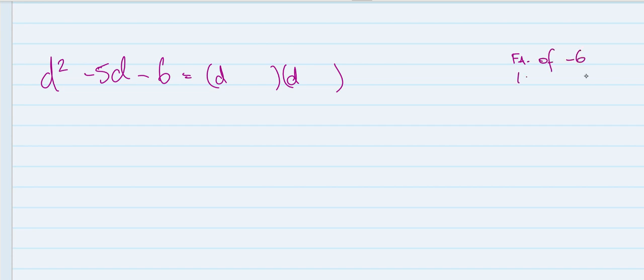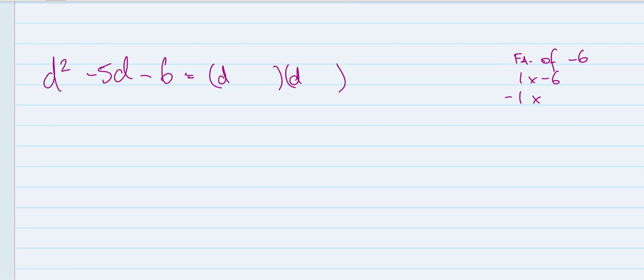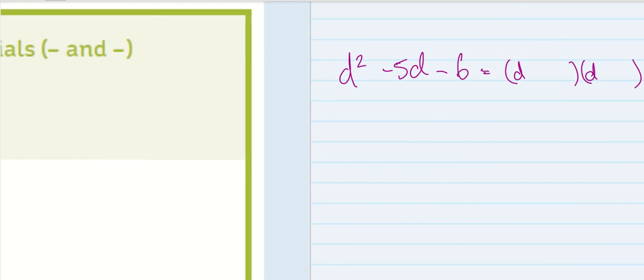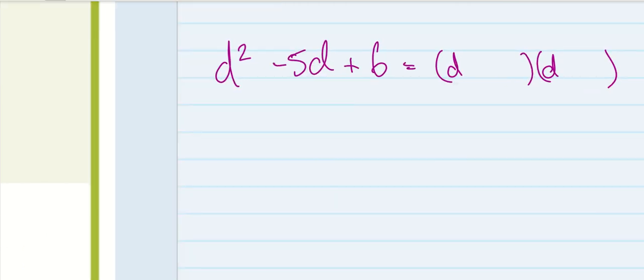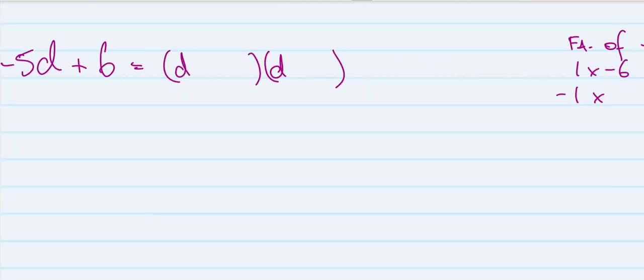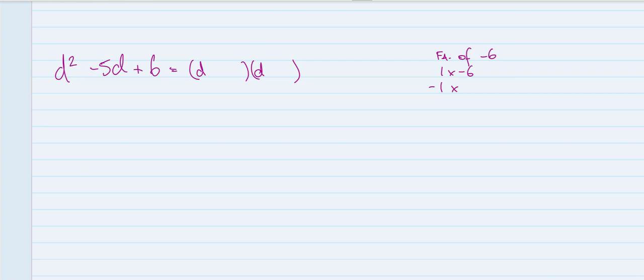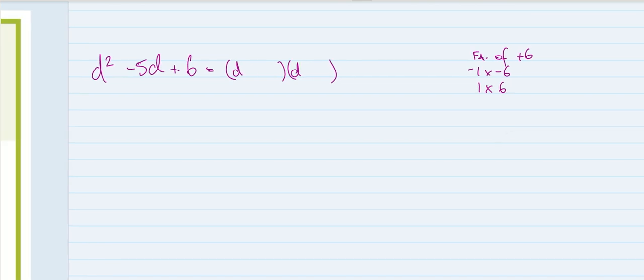I've got 1 times negative 6, negative 1 times, is that a negative or a positive 6? It's a positive 6. Oh, Mr. Beasley, get that right. So that's got to be positive 6, so that's got to be a negative, and that's got to be a negative. I can go 2 times 3, or negative 2 times negative 3.